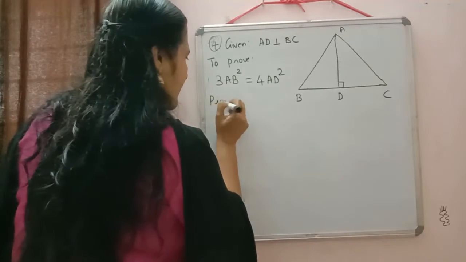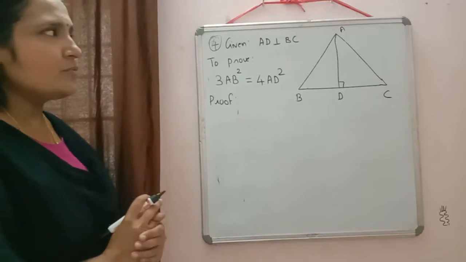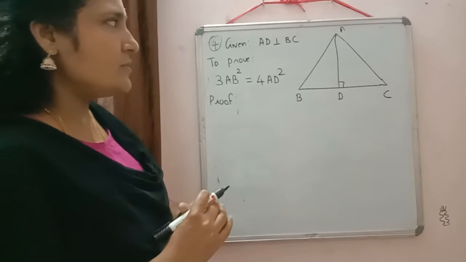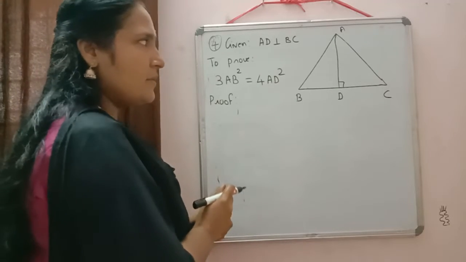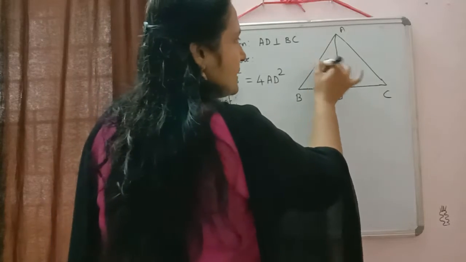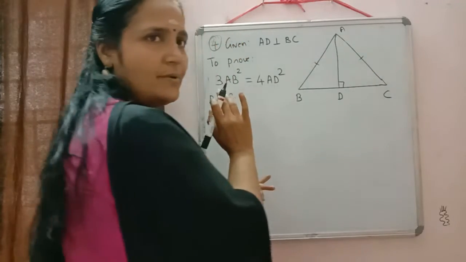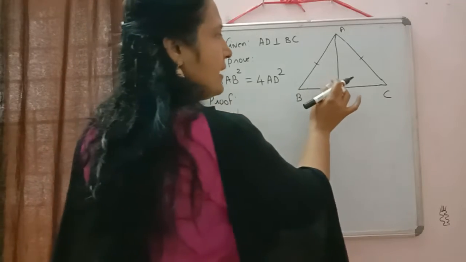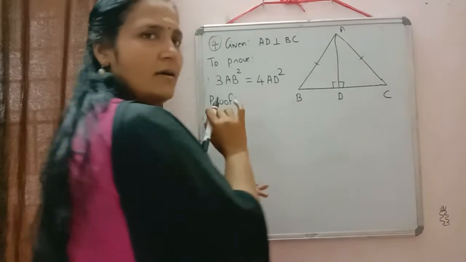Now we will check the proof. So here, which type of triangle is this one? Equilateral triangle. So when we draw the perpendicular, obviously these two sides are equal. So in these two triangles, AB is equal to AC, angle D is 90 degrees and AD is the common side.